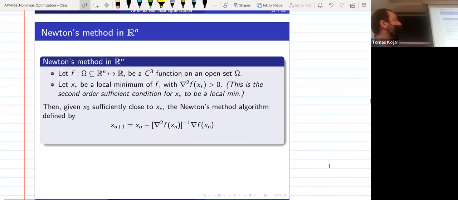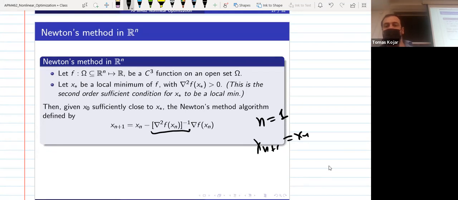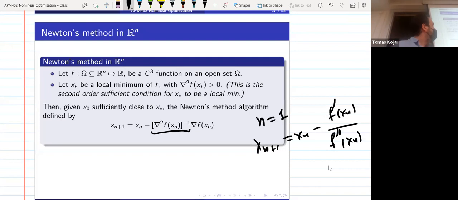Then this is the Newton's method, okay? So this is the multidimensional version of it. I cannot divide by Hessian, that makes no sense. But it does make sense to take its inverse, right? So as an exercise, put n equal 1 to rederive the formula x n is equal to this.